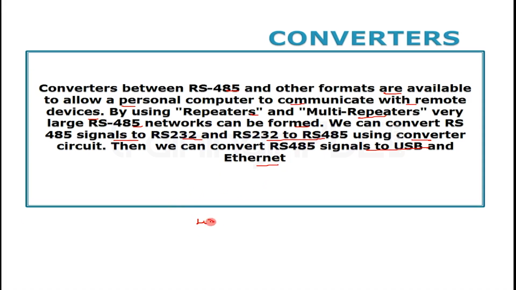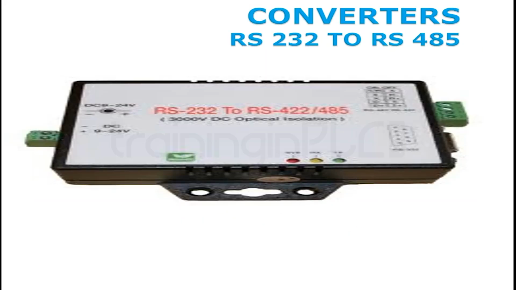RS-485 has a limitation in length. Suppose you want to use it in a larger network, then we'll use repeaters and multi-repeaters for the larger application. So you can convert RS-232 to 485 or vice versa.